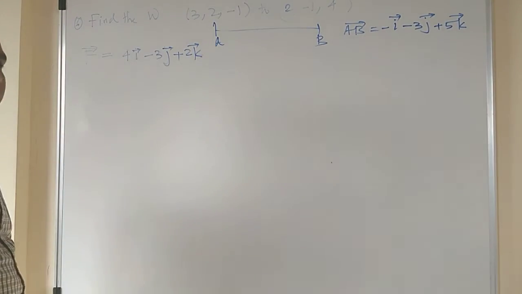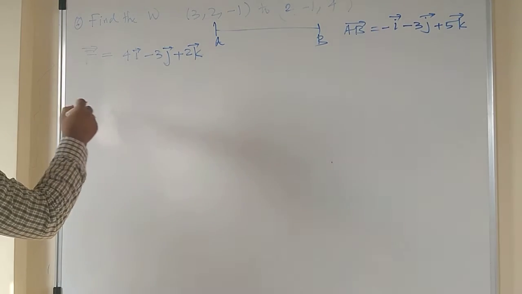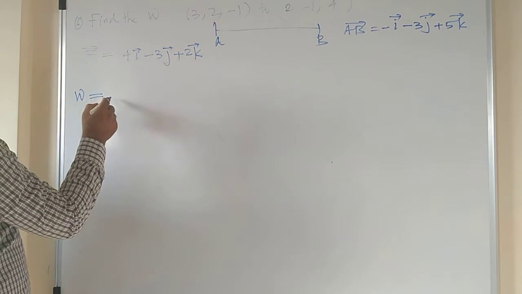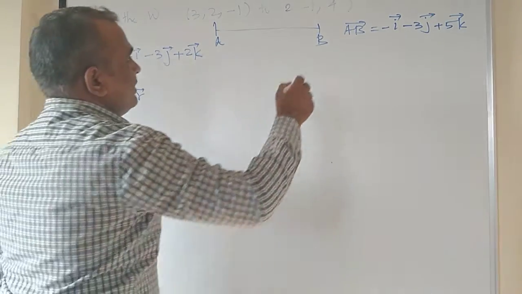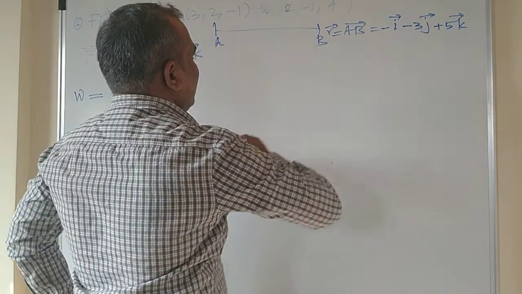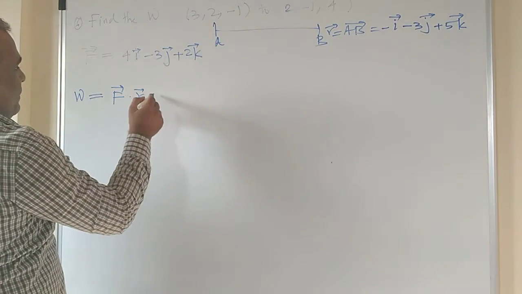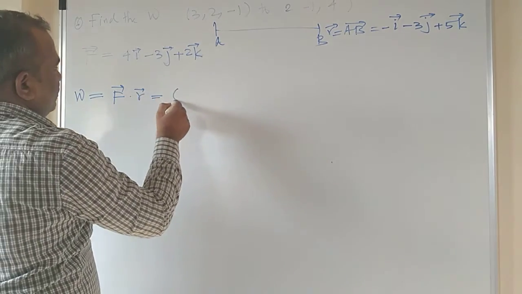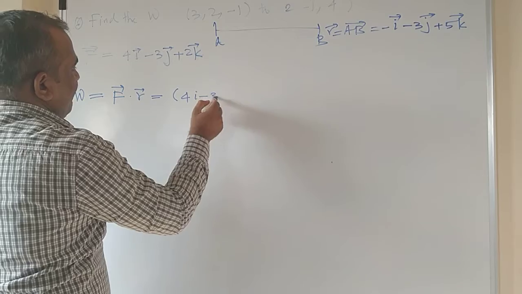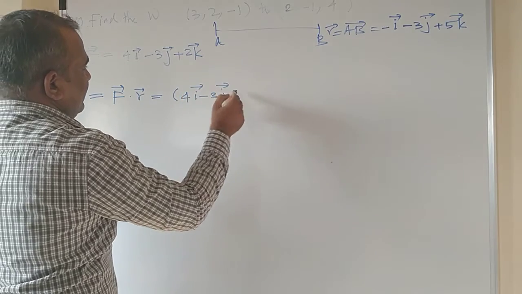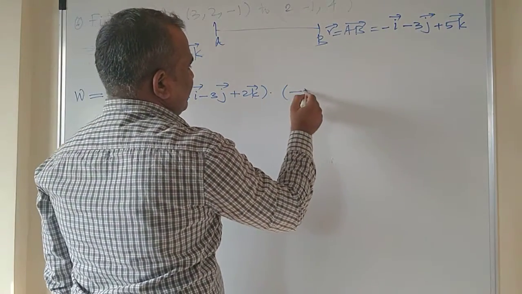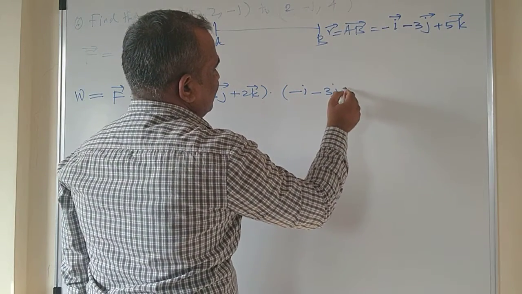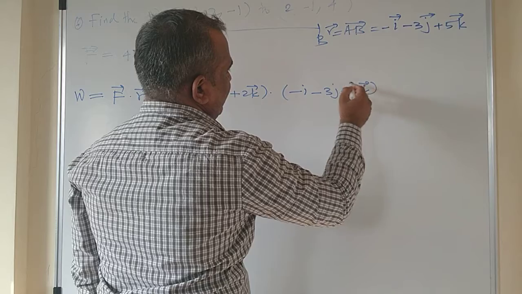This is the position vector AB bar, and work done is F dot R. Your R is nothing but AB bar here. So this will be the dot product of these two, that means 4i minus 3j plus 2k bar dot minus i minus 3j plus 5k bar.